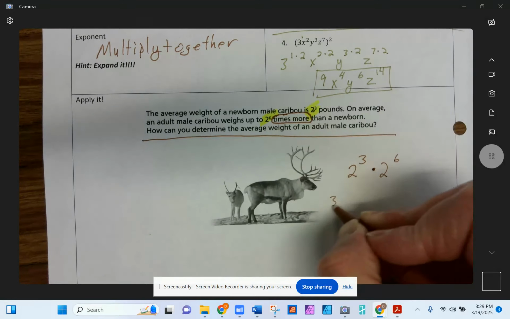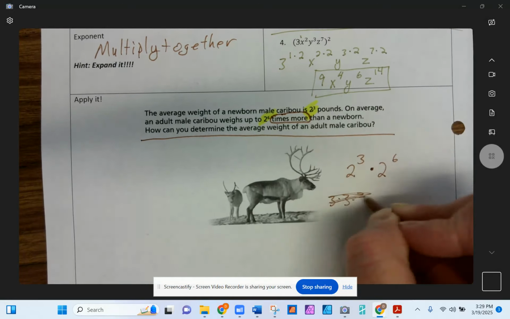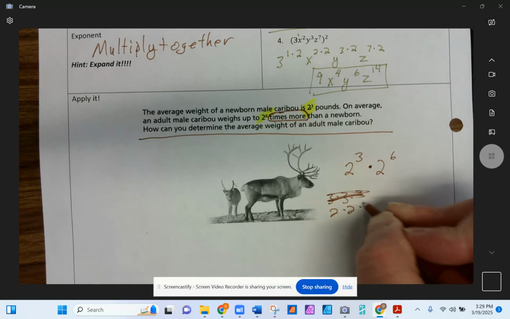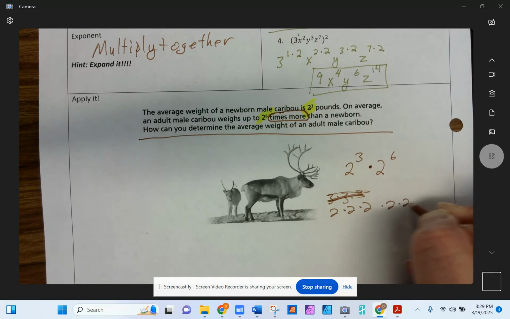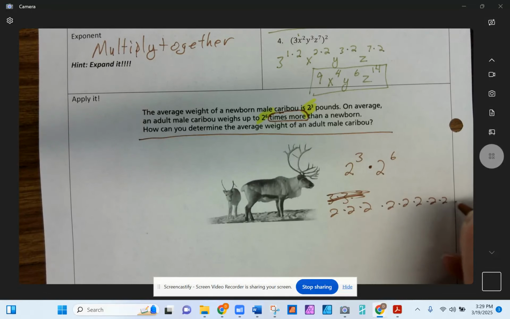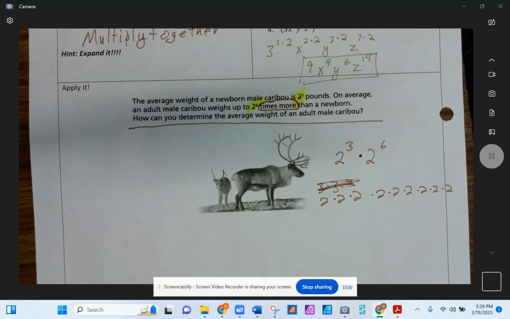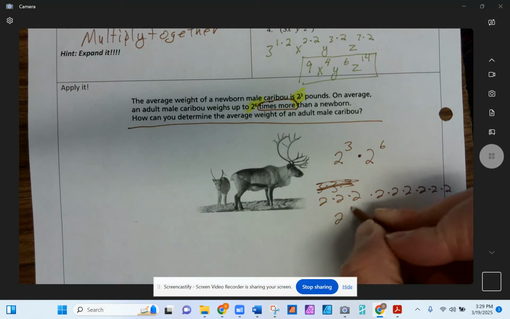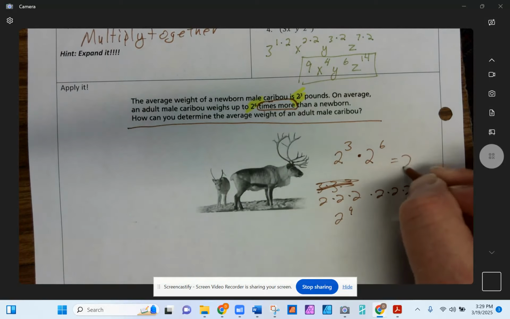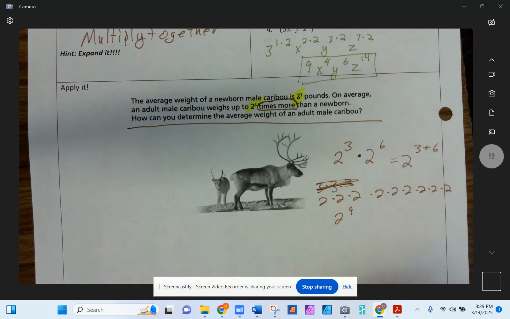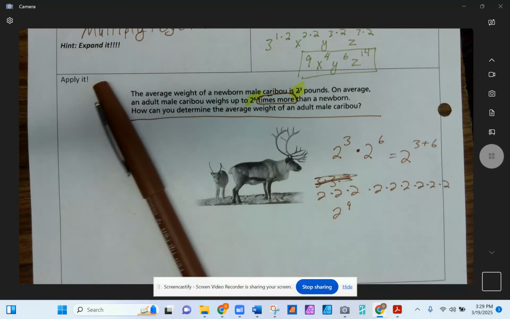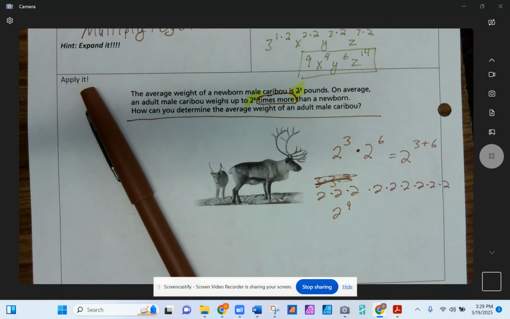So we're going to break this out. It should be 2 times 2 times 2, and then 2, 3, 4, 5, 6 right there. Count it out, we get 2 to the power of 9. That's the same thing as 2 to the power of 3 plus 6. Now 2 to the power of 9, I think 512 is what it works out to be.